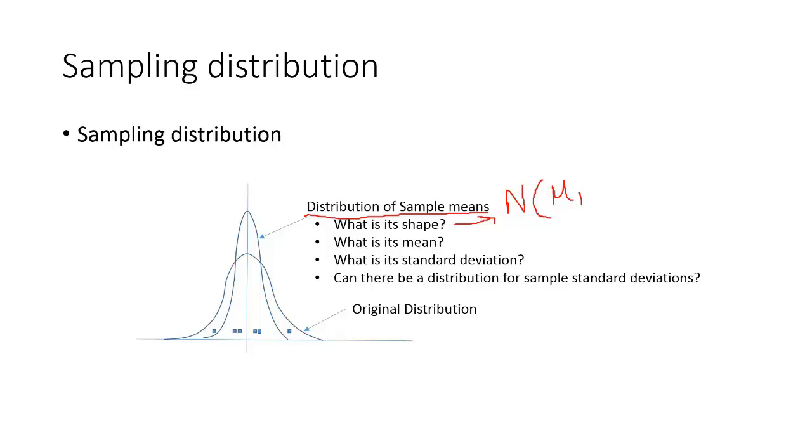So if you're using sigma square, it would be sigma square divided by n. I'm going to use small n to refer to the sample size. But you can also think of it as taking the square root of this. You can also think of it as sigma divided by square root of n. So this would be the standard deviation, and this would be the variance.